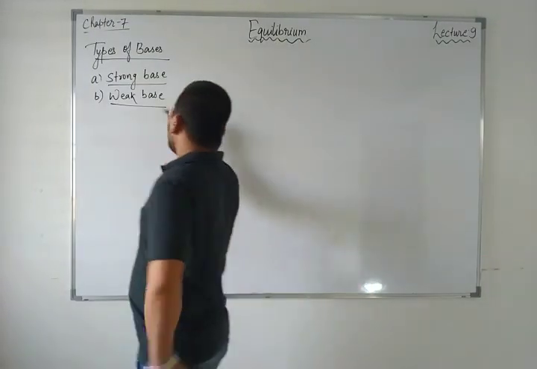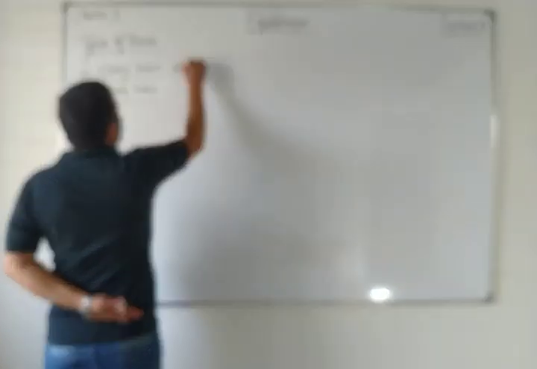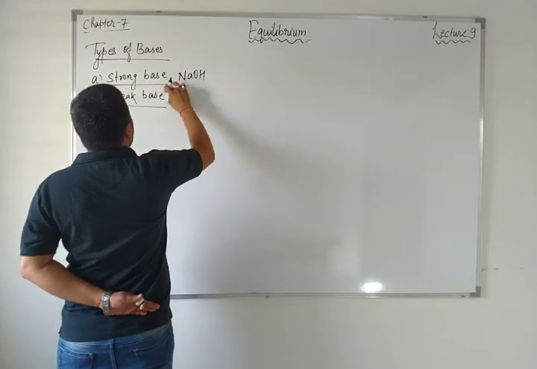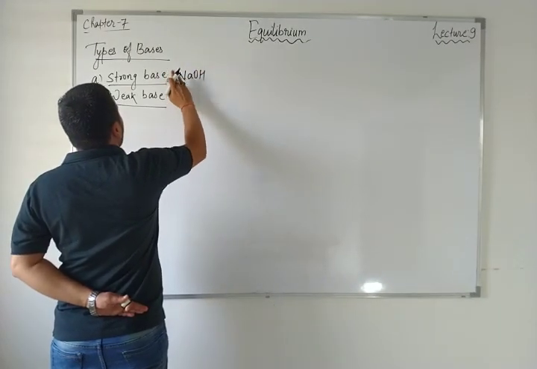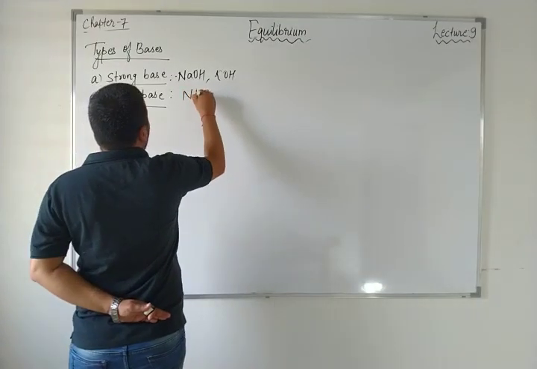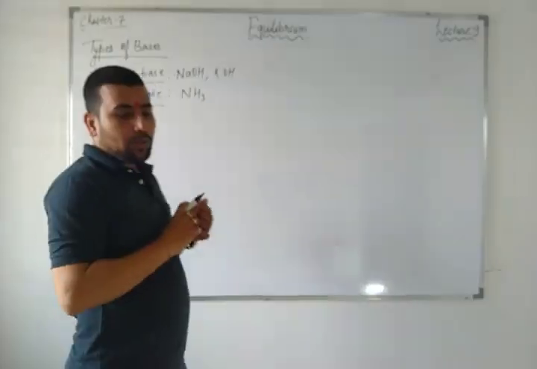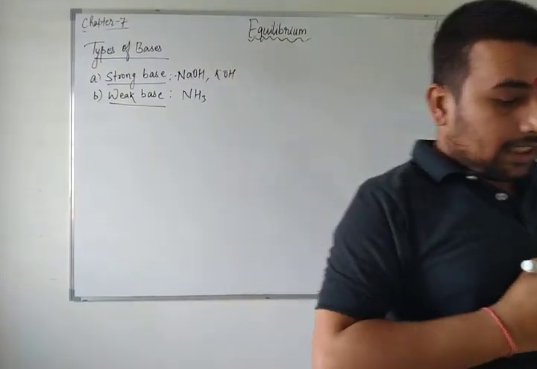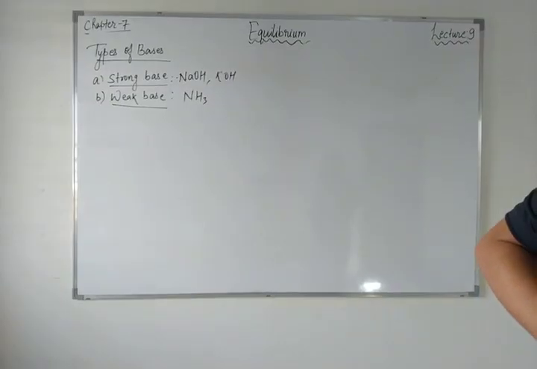Strong bases, I can say, are examples like NaOH, KOH, right? And examples of weak bases are like ammonia, NH3, where nitrogen will not easily dissociate OH minus ion, right?